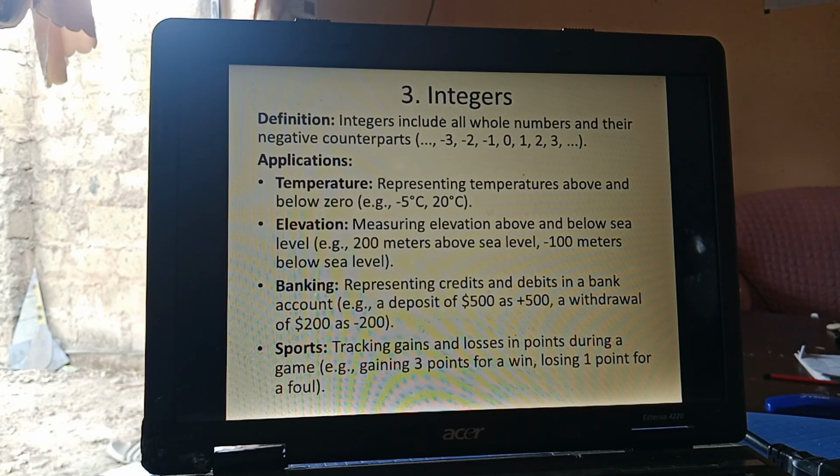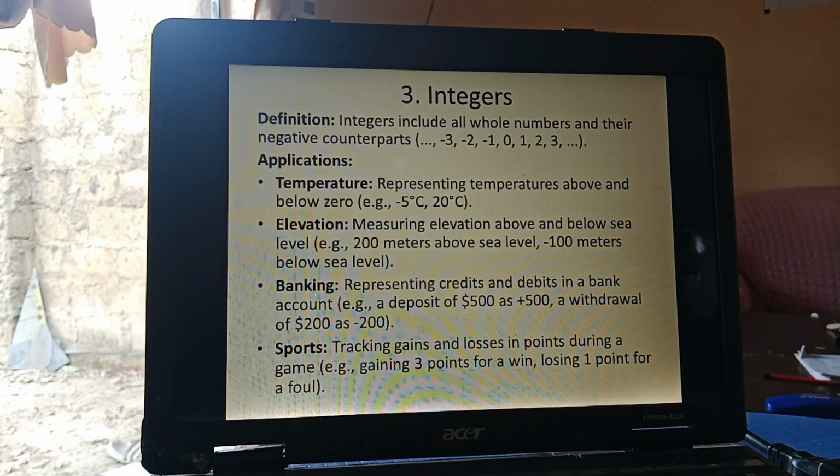Temperature. Representing temperature above and below 0, like -5 degrees centigrade, especially in places where you have winter, or 20 degrees centigrade, which is positive. Elevation.